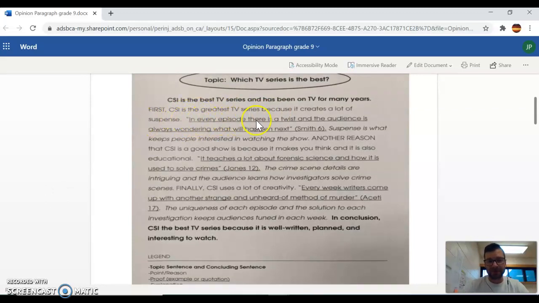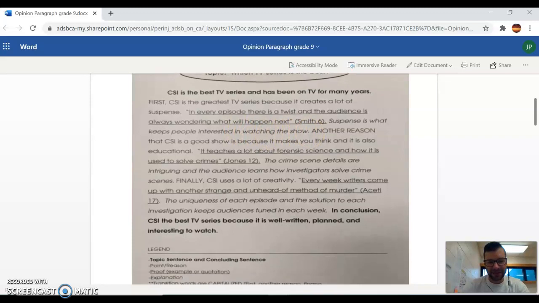In every episode, there is a twist and the audience is always wondering what will happen next. Smith, 6. So the person who wrote this got this evidence from a resource. It was written by Smith, 6. Suspense is what keeps people interested in watching the show. So that italicized one is your explanation.